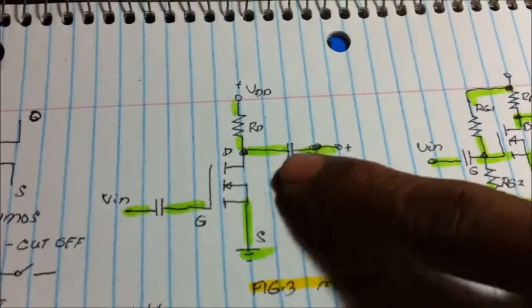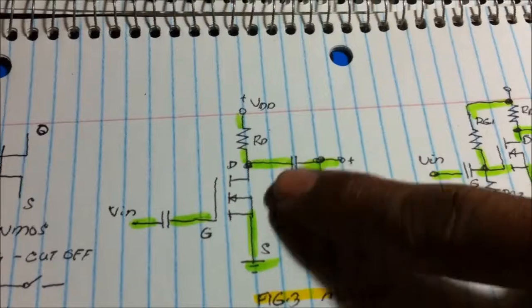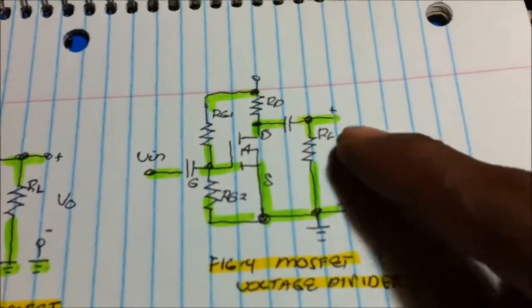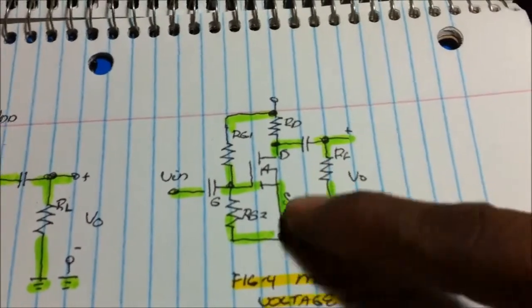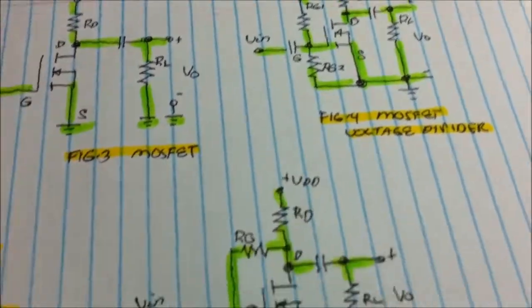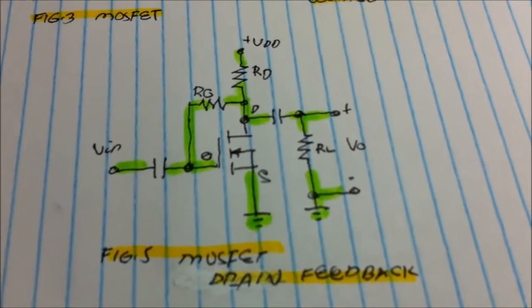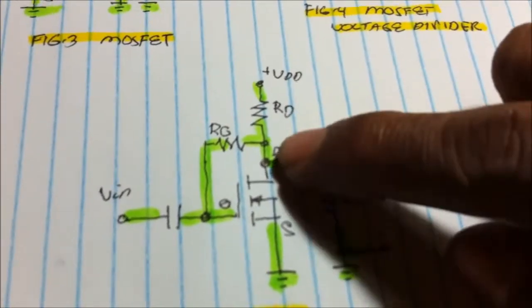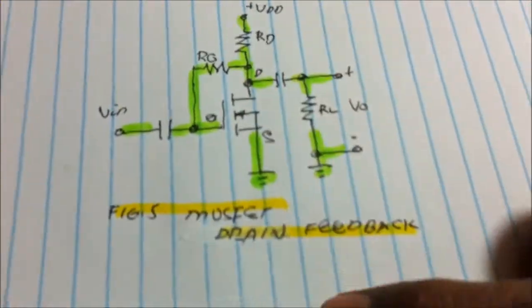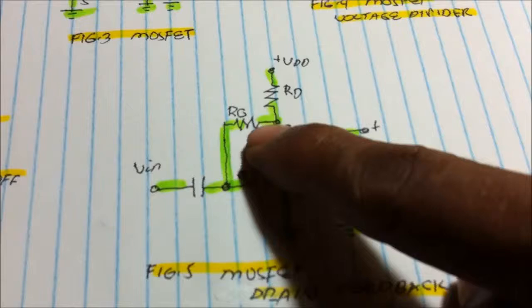I think this is not my circuit configuration. How about this type, voltage divider? This is not, because I'm only using one resistor to the gate. How about this one? This is a drain feedback circuit configuration. You see here that this is my circuit configuration. A drain feedback. See?